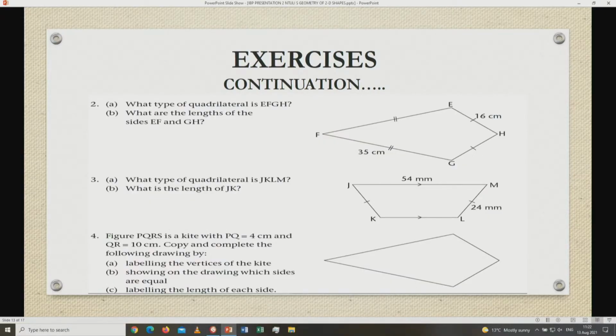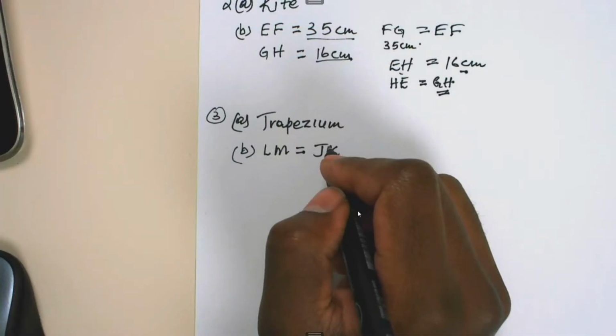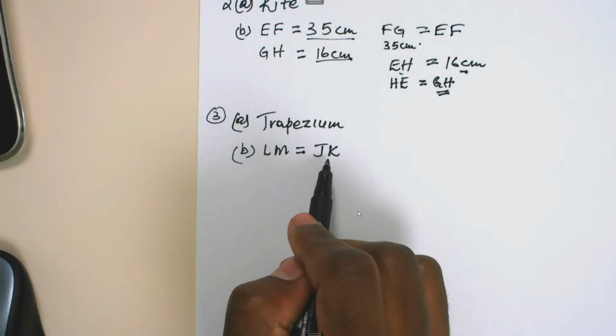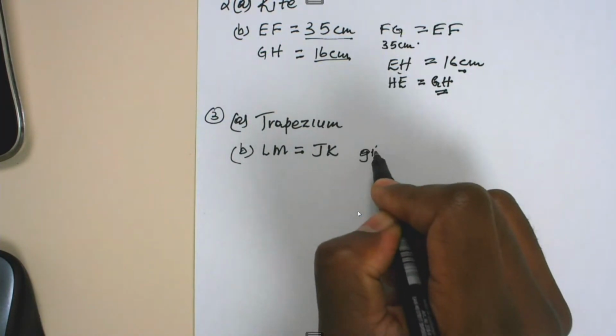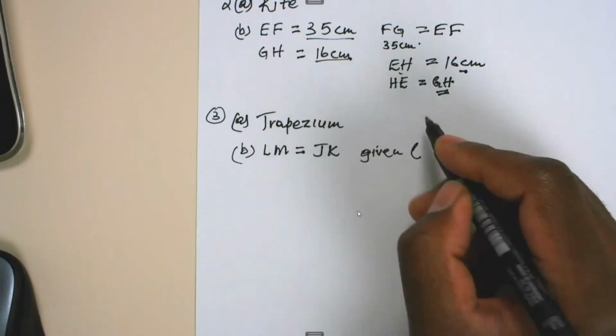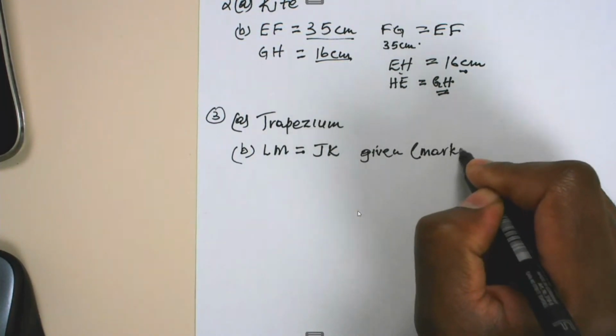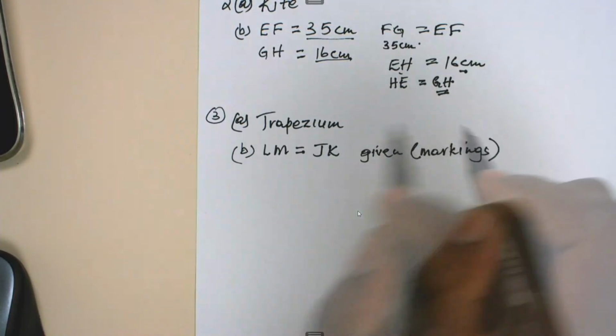Right. All right. Number B, they are asking us, what is the length of JK? The length of JK. Markings, markings. Therefore, LM is equal to JK. Why? It is given. Let me put it inside the brackets. The markings there are showing us what is taking place.